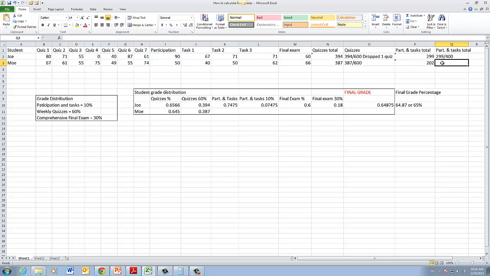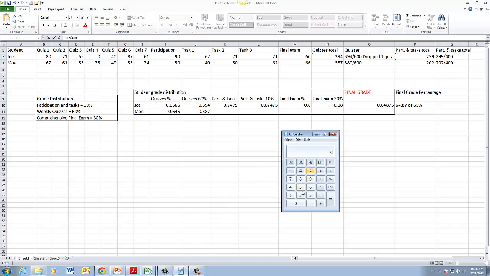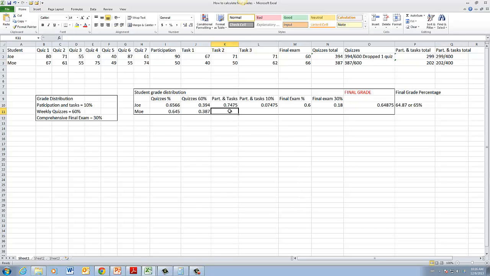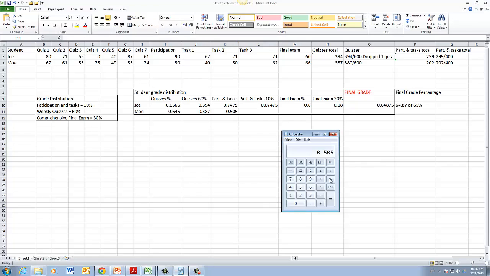So then I'm going to take 202, remember it's 202 out of a possible 400. 202 divided by 400 is 0.505. I'll put that here. And we know the participation in tasks is 10% of the total grade. I'm going to multiply that by 10%. It's 0.0505.